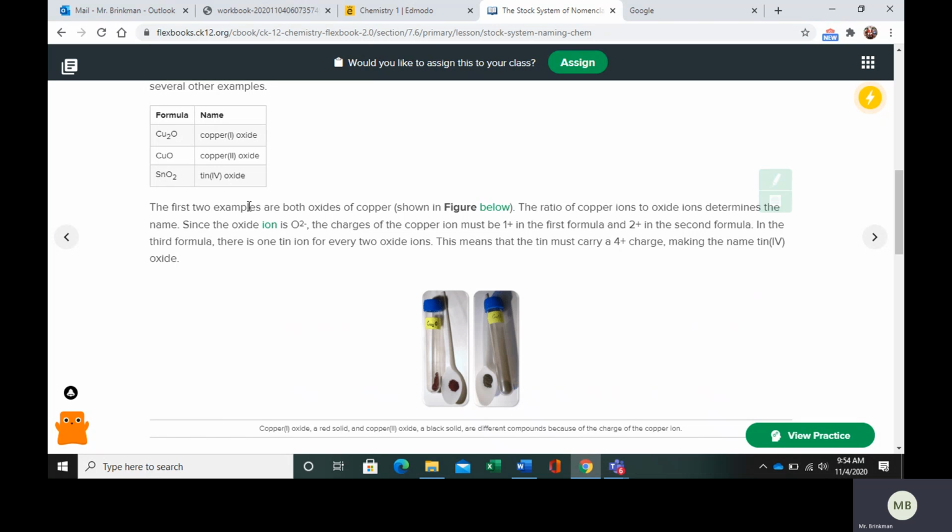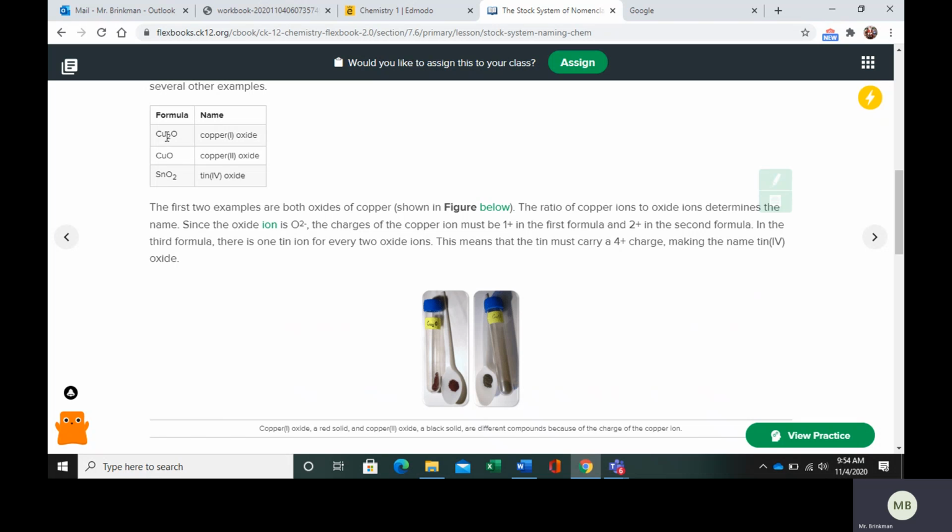So the first two are copper oxides. So the ratio of copper to oxide ions is going to determine the name. So oxide ions are -2.